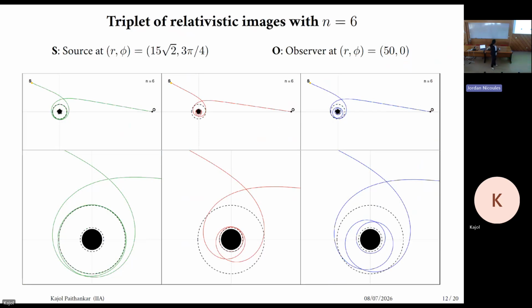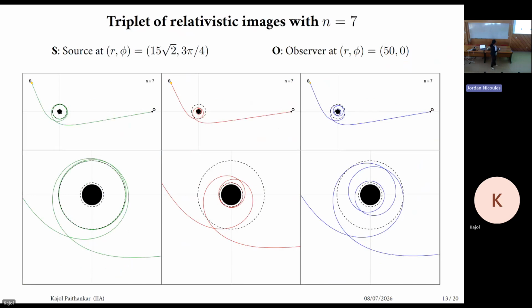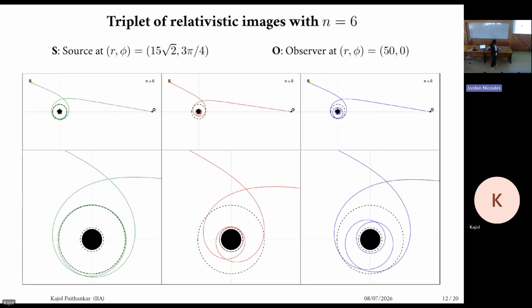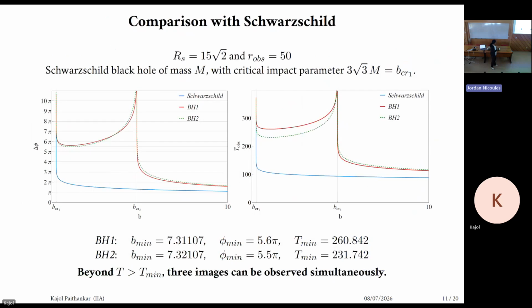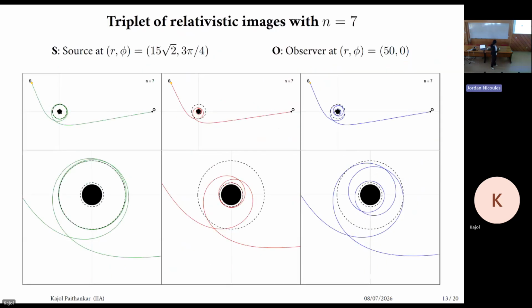Simple. Okay. The same way, once we fix the observer and source, we can find the even ordered and odd ordered images. Here you saw the even ordered images will appear somewhere here. If I extend it backwards, the odd ordered images will appear somewhere over here, on the opposite side of the black hole, if I just draw a straight line through the black hole.